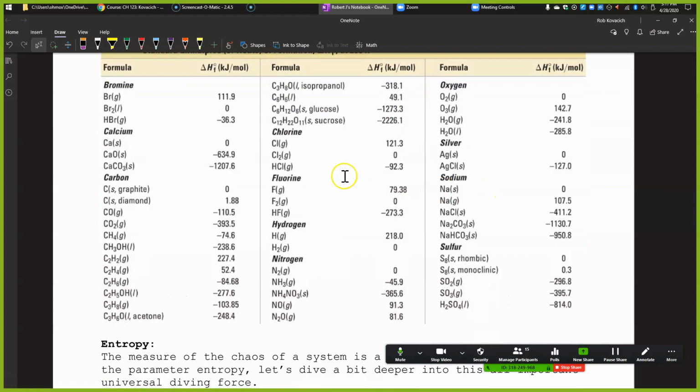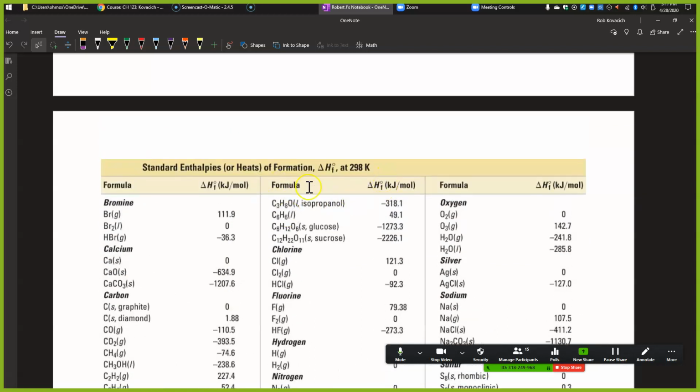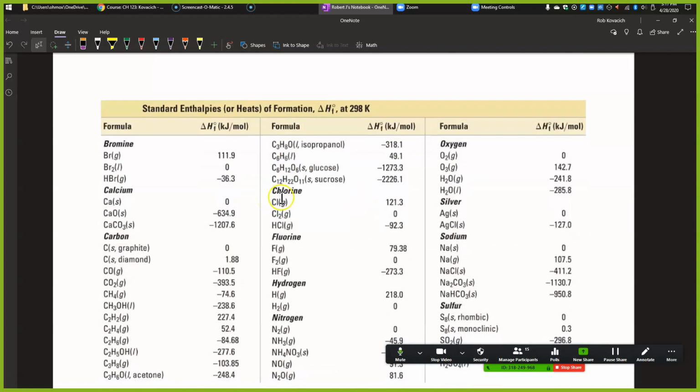Okay, so these are standard enthalpies. We've used these numbers before, but can somebody explain to me why the standard enthalpy for bromine is different? Is liquid its natural state? Well, look at the other ones that are zeros.